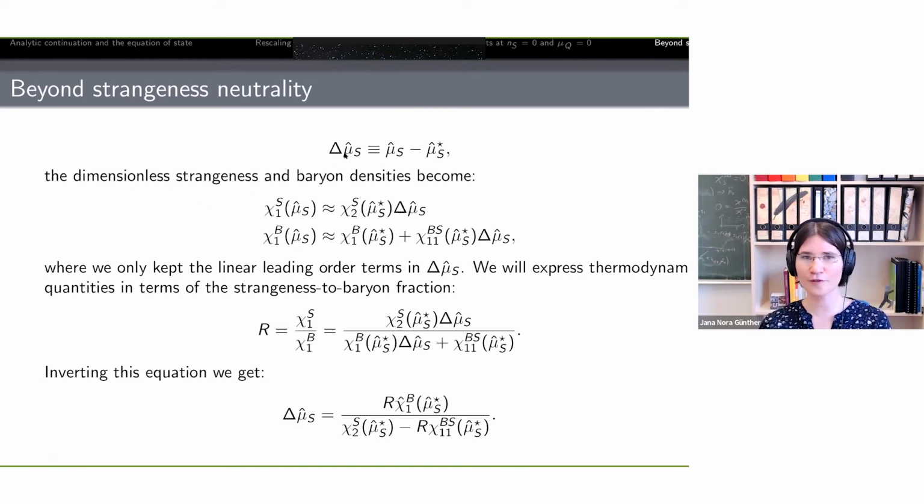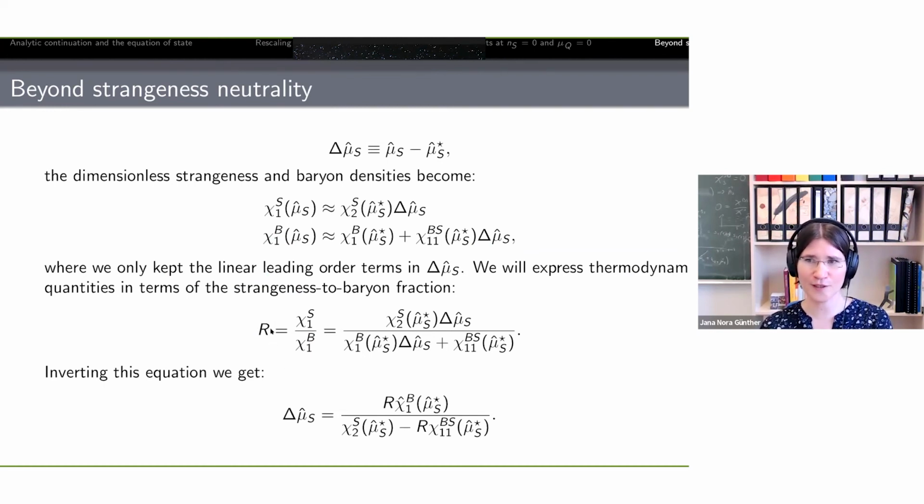Well, if we want to shift our strangeness chemical potential away from the strangeness neutral line, we can do an expansion of both the strangeness and the baryon density. We only keep terms for now which are linear in the delta mu s. And then we will express everything in the ratio between those 2 quantities, which we call R now.